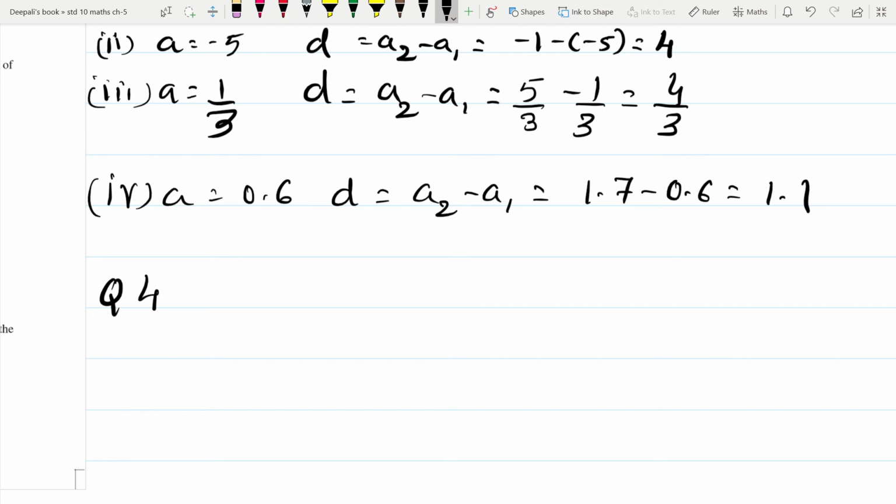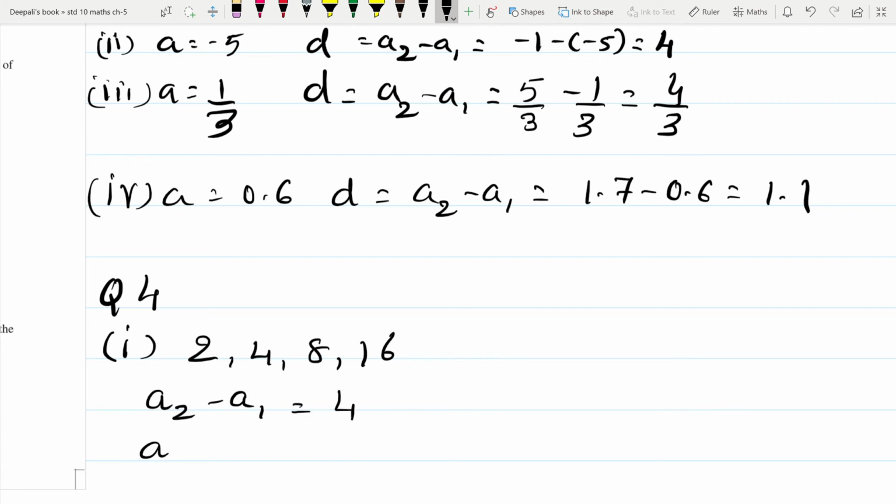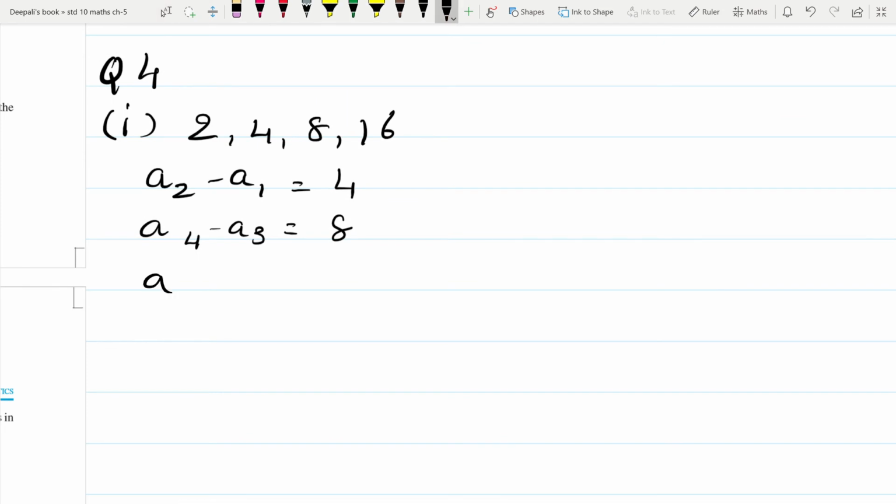So we are going to take the first question. It is 2, 4, 8 and 16. Now first I need to check whether it is an AP or not. So A2 minus A1 is equal to 4 minus 2, which is 2. A3 minus A2 is equal to 8 minus 4, which is 4. Therefore, A2 minus A1 is not equal to A3 minus A2.